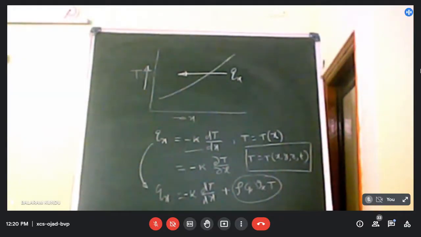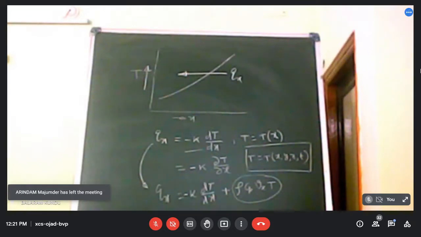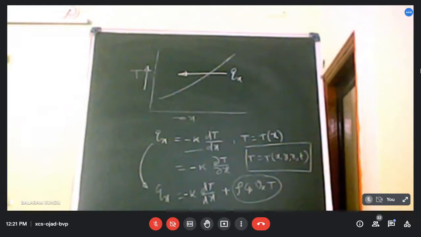Qx is the component of heat flux in the x direction, so depending on the value of x, the Qx value changes. Similarly, T is a function of x.